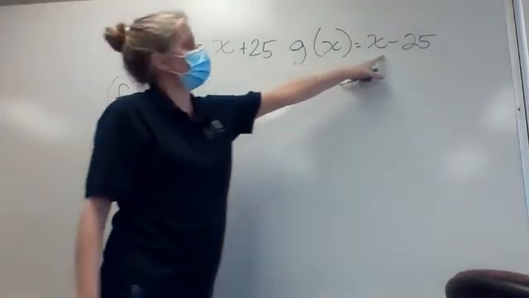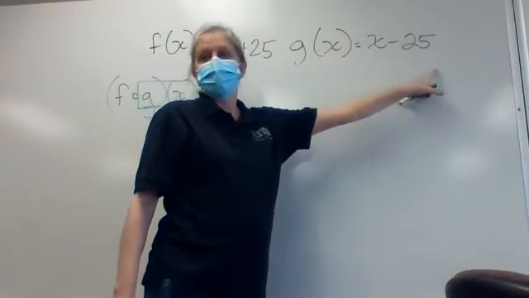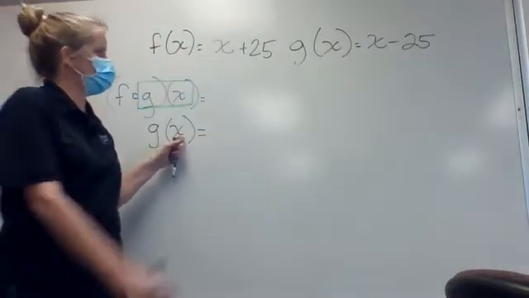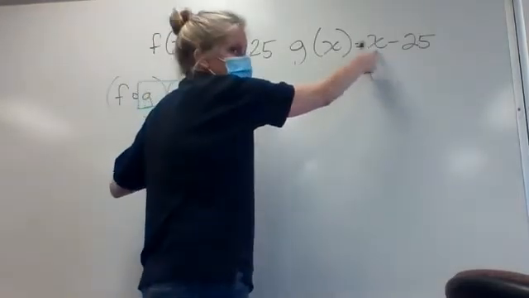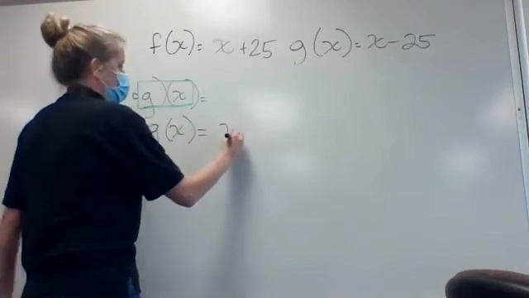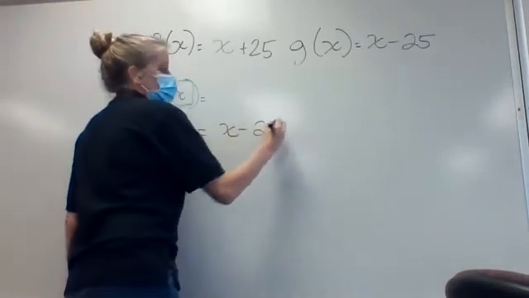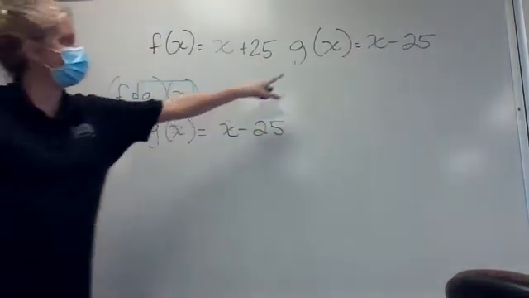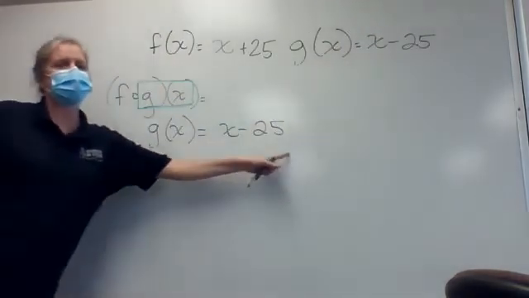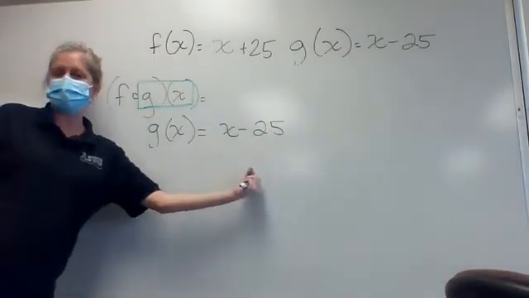Here's g of x right here. I don't even have to plug anything in, because you're replacing its x with an x, which means nothing changes. G of x is x minus 25, it told me that in the problem. That's as far as I can go with that, because I can't put those together.